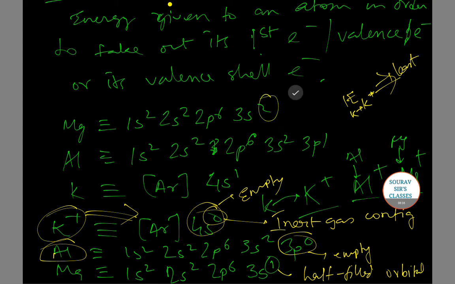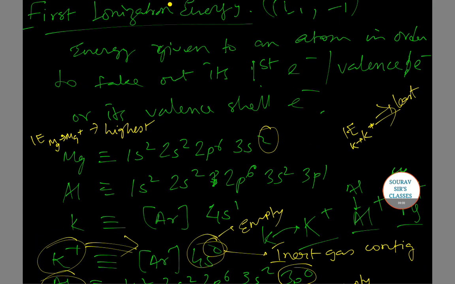So the tendency of magnesium to become Mg plus will be the least, hence the ionization energy required to make magnesium into Mg plus will be the most. So the ionization energy of Mg to Mg plus will be the highest, and ionization energy of aluminium will be sandwiched between the two.